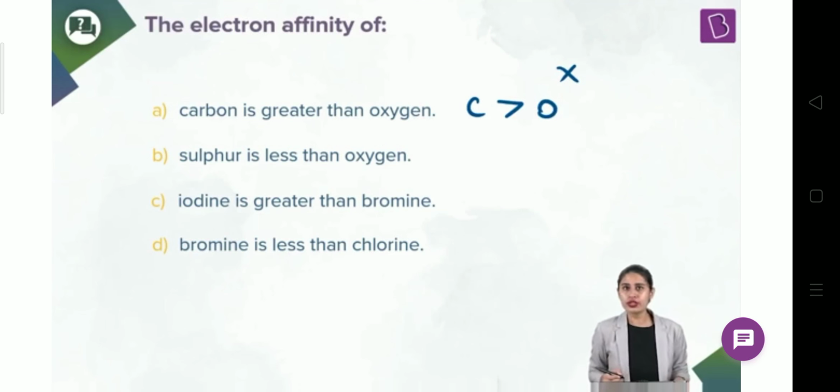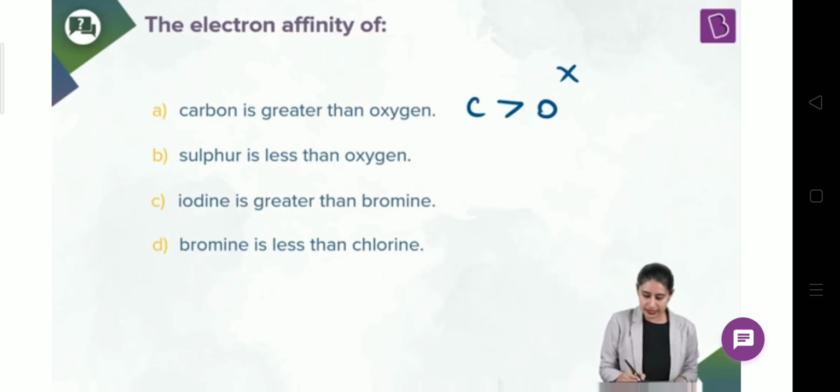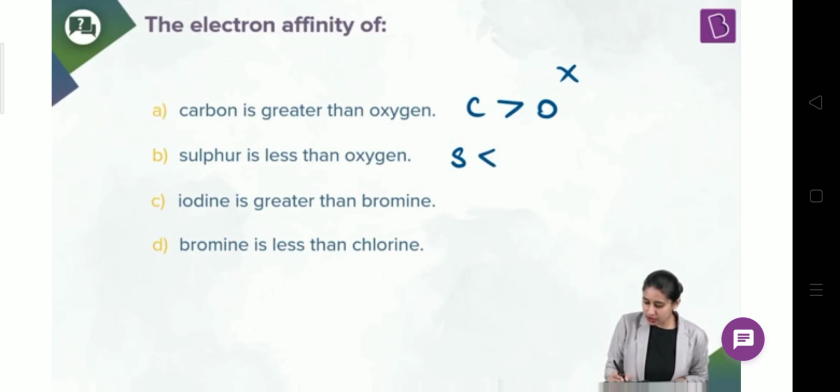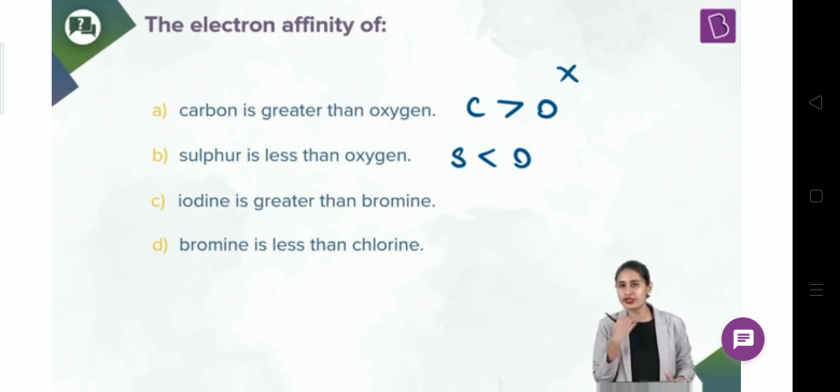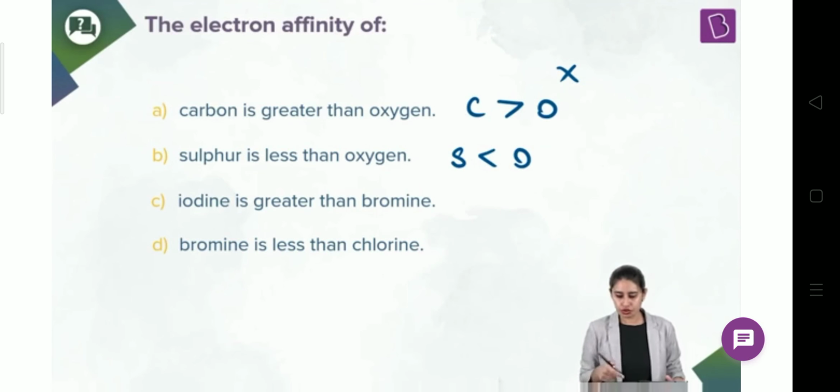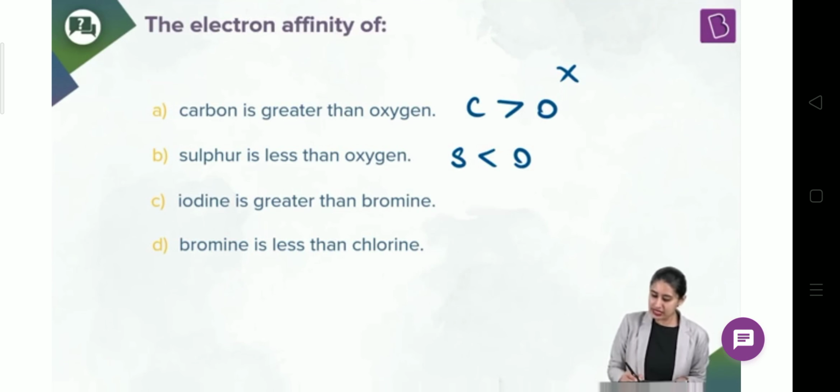Next one, the electron affinity of carbon is greater than oxygen? No. Oxygen likes to accept an electron more than carbon. Why? Because as we move along the period, the electron affinity increases. Sulfur is less than oxygen? No way. Sulfur was the leading showstopper of group 16. Iodine is greater than bromine? Bromine was greater than iodine.